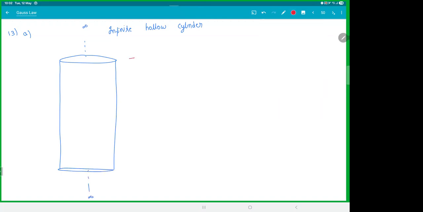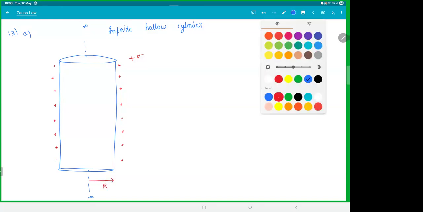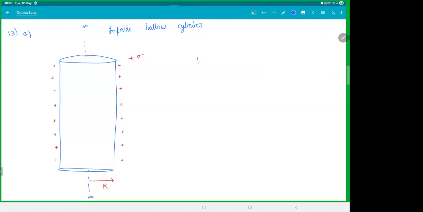The charge density is sigma. So this whole surface has charge. The radius is capital R. Find the field inside and outside. Find the field as a function of R. R is the distance from center.